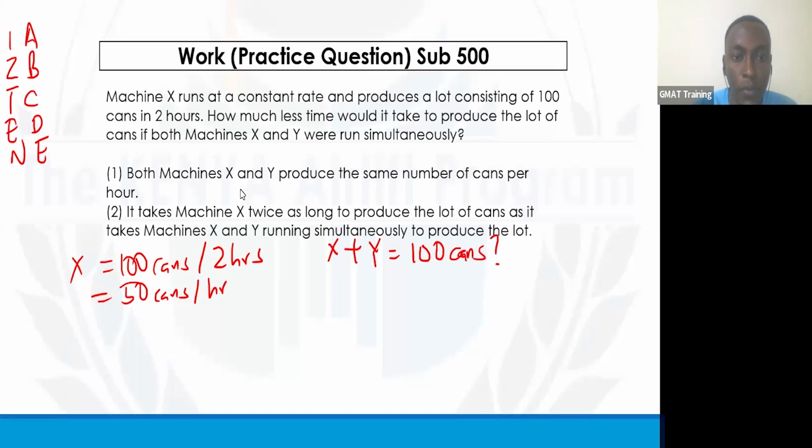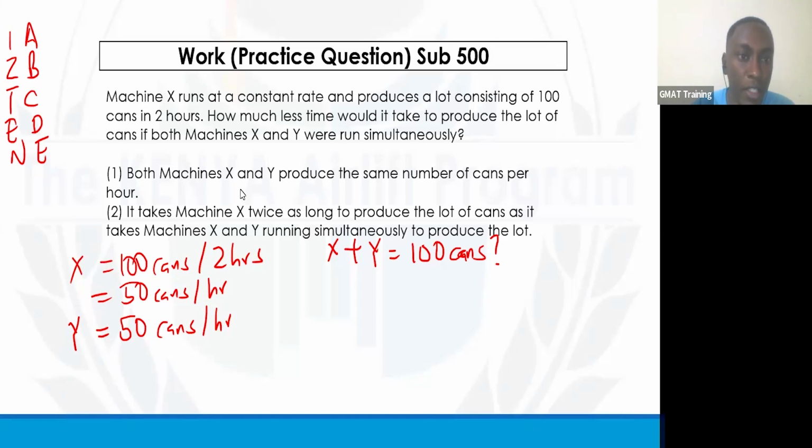Statement 1: both machines X and Y produce the same number of cans per hour. That makes it, if X produces 50 cans per hour, then Y also produces 50 cans per hour. Then we can figure out how long it takes X and Y together to produce these 100 cans.